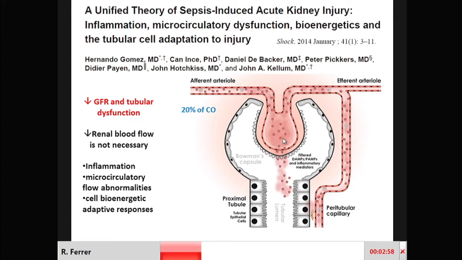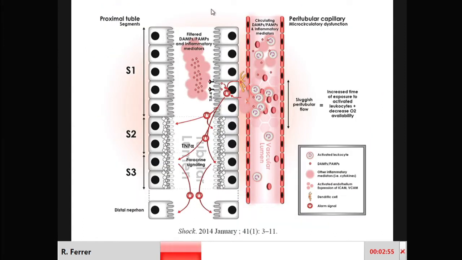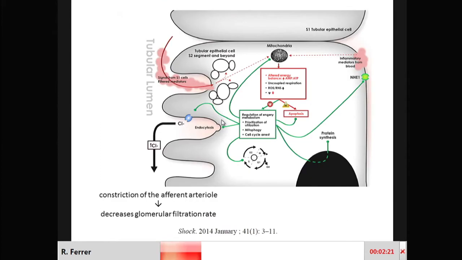DAMPs and PAMPs are filtered in the glomerulus, and you can have these DAMPs and PAMPs inside the tubular space, and the tubular cells in the S1 segment are able to recognize those DAMPs and PAMPs, especially endotoxin, generating a paracrine signaling to tubular cells in the segments S2 and S3. If you look at the capillary, you have the typical reaction with adhesion of the leukocytes, decreasing the flow and the availability of oxygen for those tubular cells.